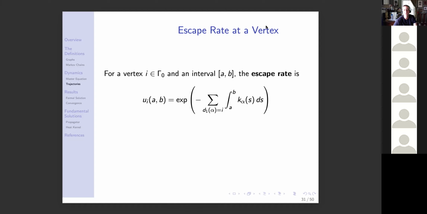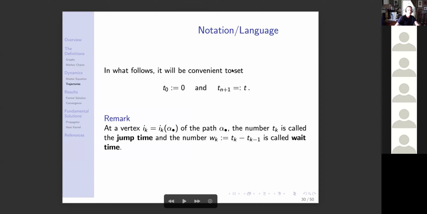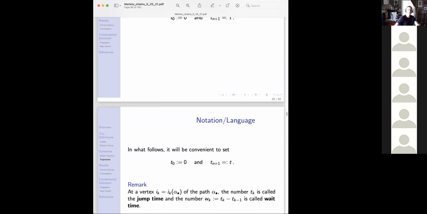Okay, another way to say the escape rate, in more compact form, is you take... what is happening? I don't understand this at all. Oh, here we go. No, it's not working. What is going on here?